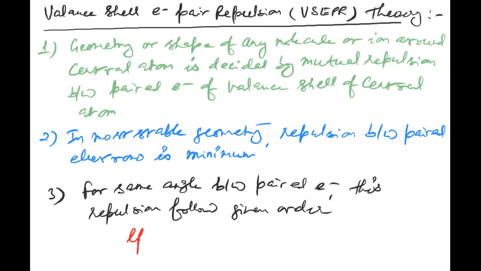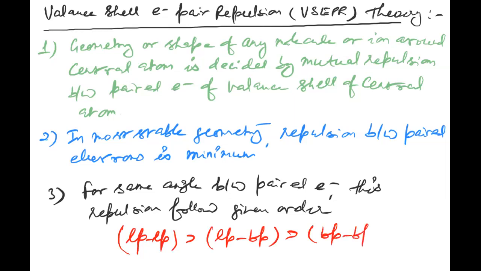Lone pair-lone pair repulsion is found to be more than lone pair-bond pair repulsion, which is more than bond pair-bond pair repulsion. So for the same angle between paired electrons, this repulsion follows the given order.